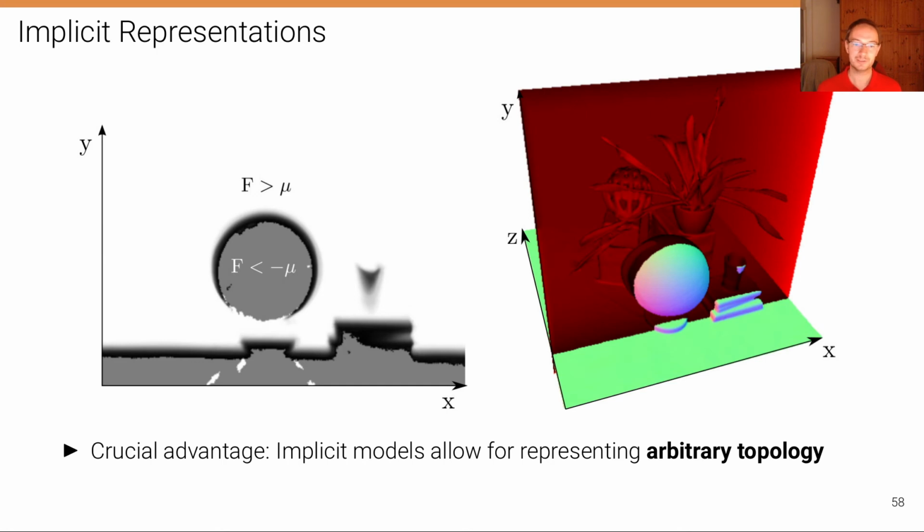A crucial advantage of implicit models is that they allow for representing arbitrary topology. They allow for representing topology changes.